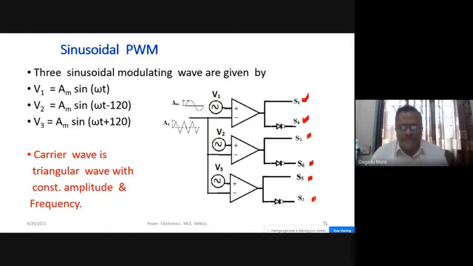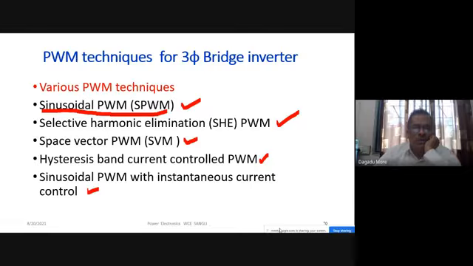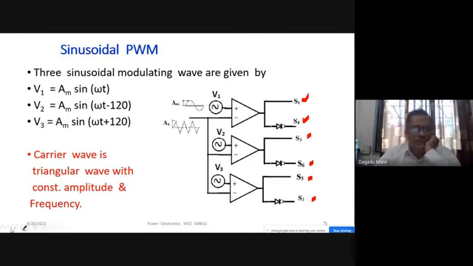We have to generate 6 switching signals. For generating these signals, we compare two waves. One is the modulating wave, which is sinusoidal in nature.